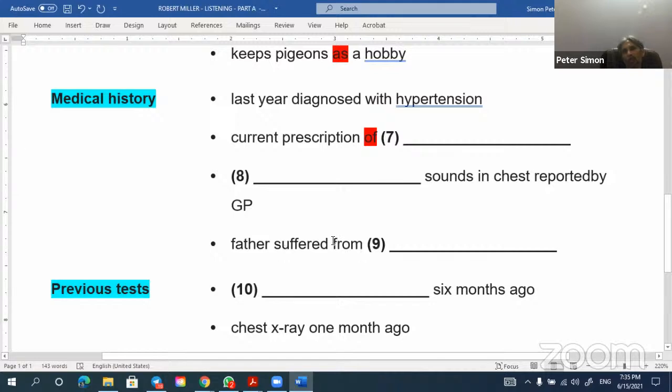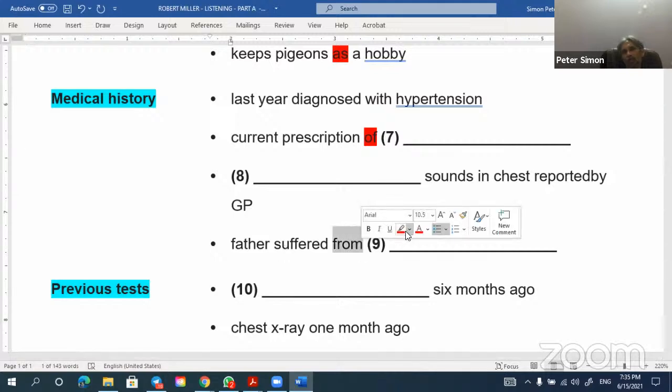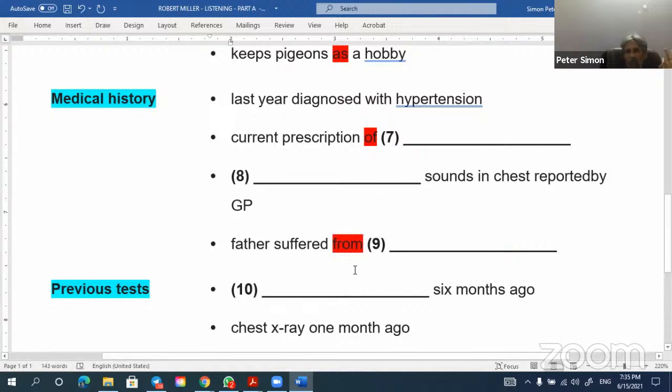Now here, "from." "From" is also a preposition. But you may think, "Suffered is there, sir. You said noun." No. Suffering of father from headache.